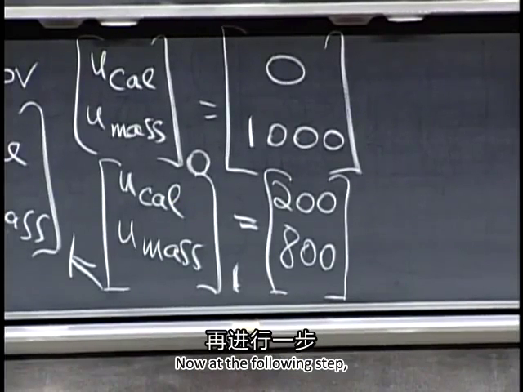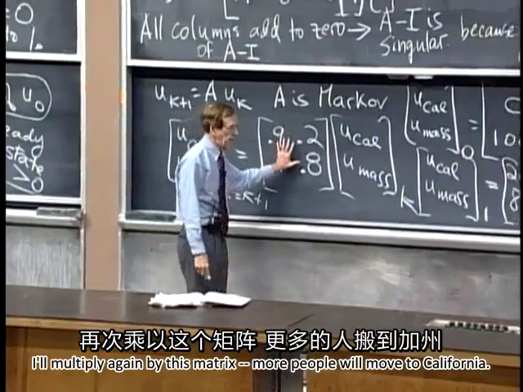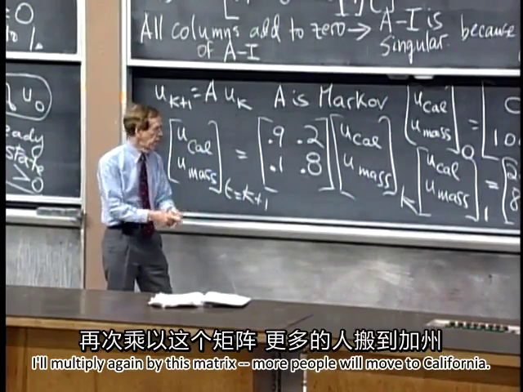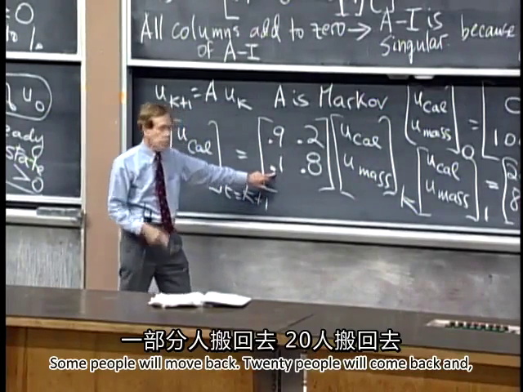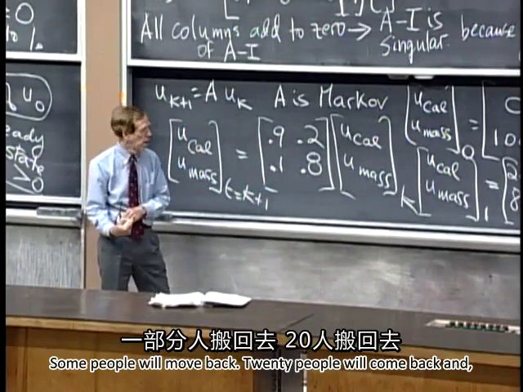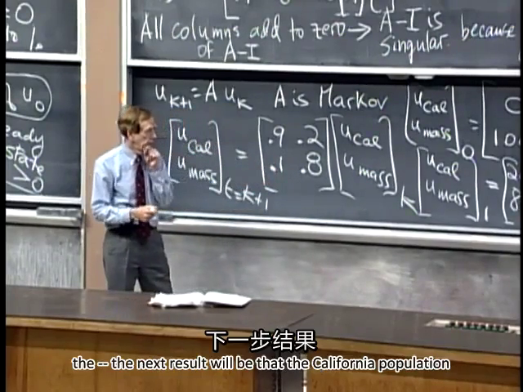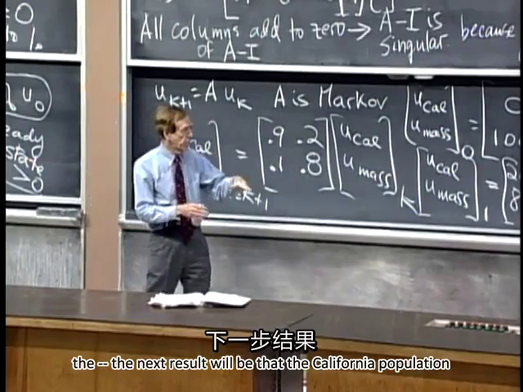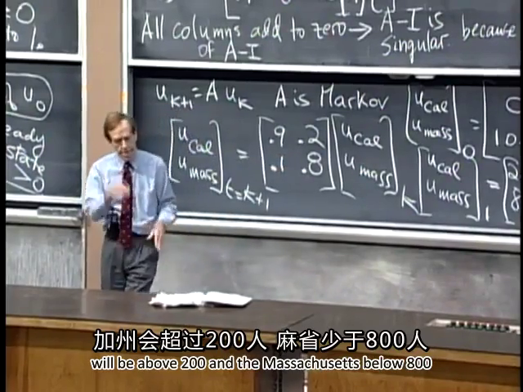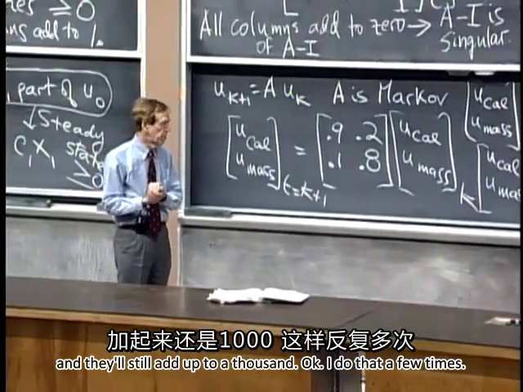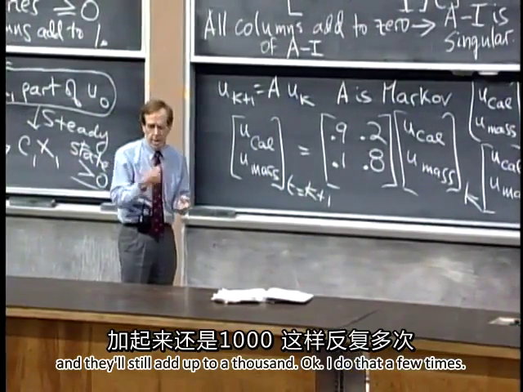Now at the following step, I'll multiply again by this matrix. More people will move to California. Some people will move back. 20 people will come back. And the net result will be that the California population will be above 200 and the Massachusetts below 800, and they'll still add up to 1,000.